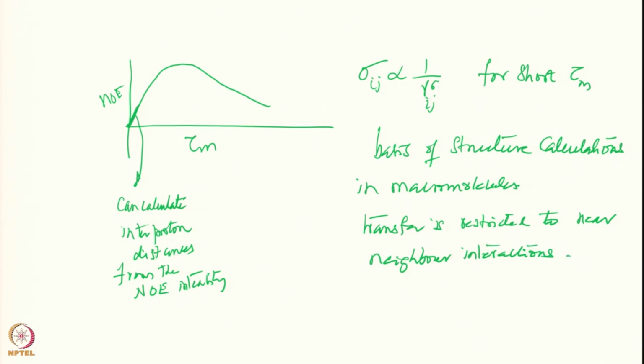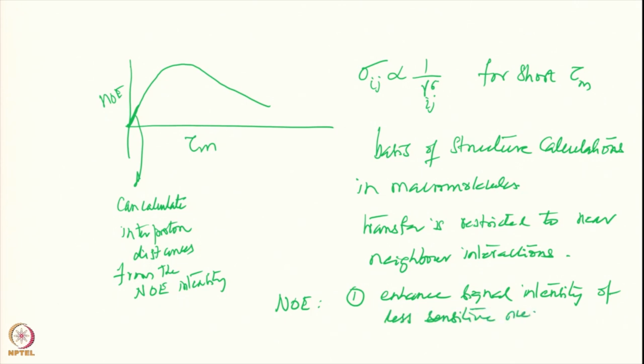Therefore, polarization transfer by NOE has two objectives. In summary, NOE has two gains. One is to enhance the signal intensity of less sensitive nuclei, like carbon 13, nitrogen 15.